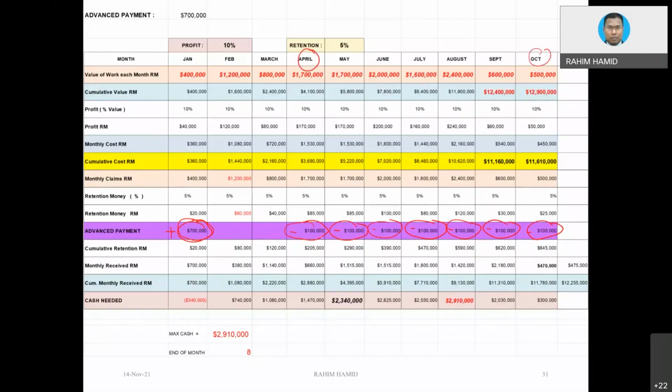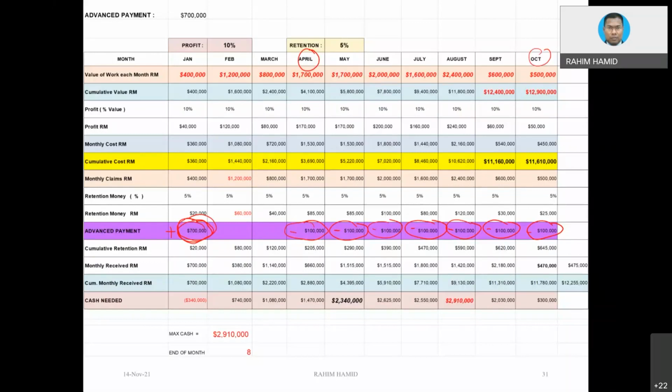So if you add 100,000, 1, 2, 3, 4, 5, 6, 7. So the client is going to give the contractor 700,000 at the beginning, but then it's going to take back the money starting from April until October. That is an example. Normally, government is going to spread the repayment of the advance payment, not take almost everything in one go.